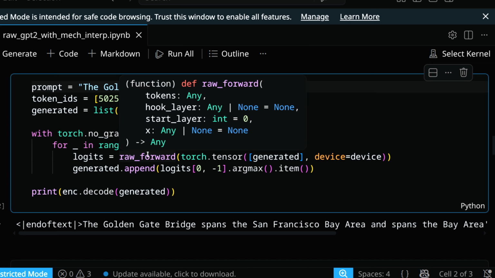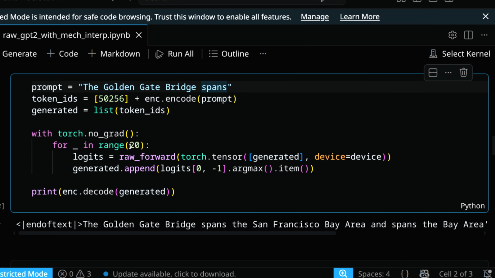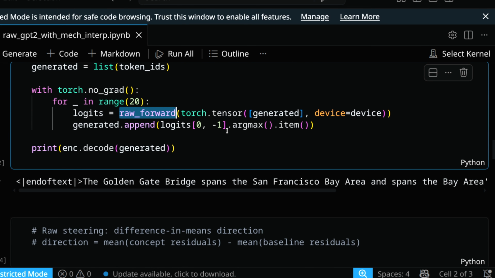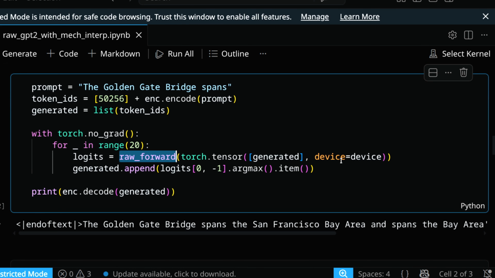So in this loop, it will go down here and input the prompt, which is converted to numbers with tiktoken. It'll input the thing in the raw forward, which is a function that's up here. And it'll put it on the device, which, if it's a graphics card, would be CUDA in this case. So I think it's typically CUDA.